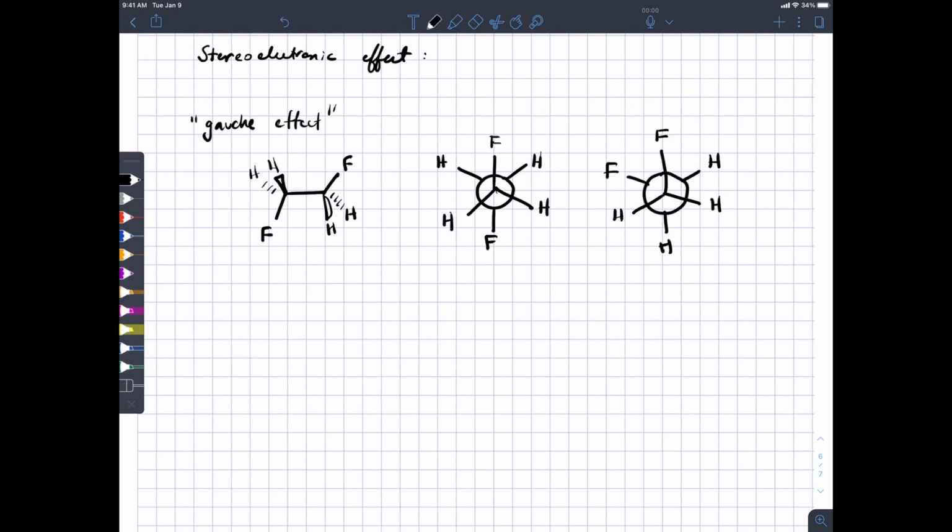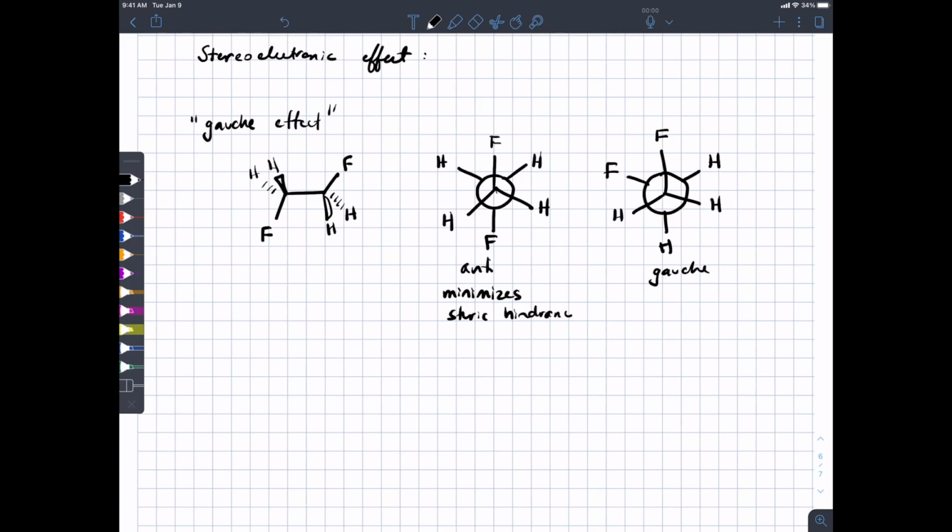Anti has lower energy, good, and why is that? Because of steric hindrance, it minimizes the steric hindrance between the two methyl groups. Now, fluoro groups are actually quite a bit smaller than methyl groups, but they're still a little bigger than hydrogen. So you might expect that the anti-conformation might be better than the gauche conformation because it minimizes steric hindrance.